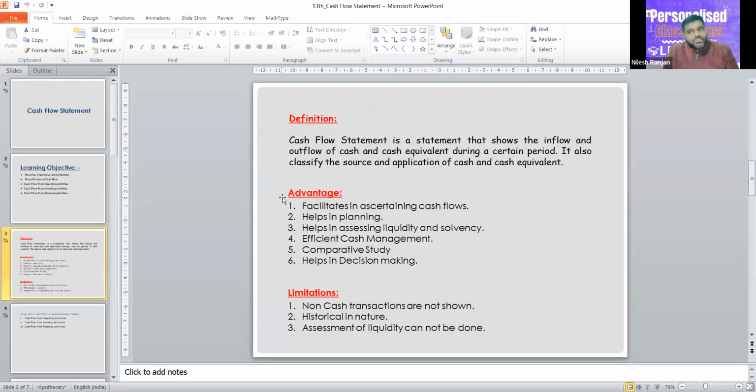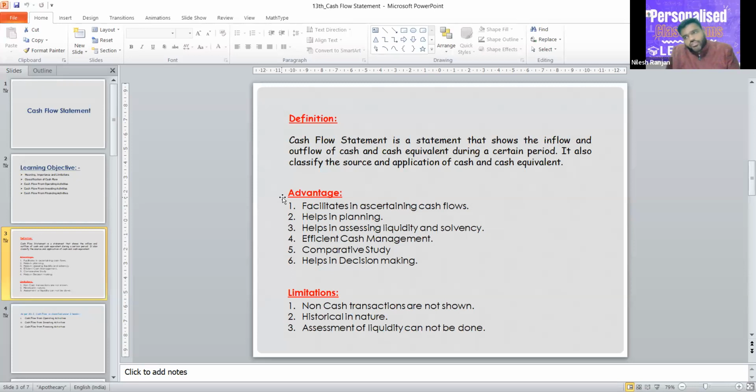The cash flow statement is prepared especially for cash-related items. So this is not really a disadvantage, but yes, non-cash transactions are not shown. If you want to see non-cash transactions, you will refer to the statement of profit and loss and some other statements, not the cash flow statement.